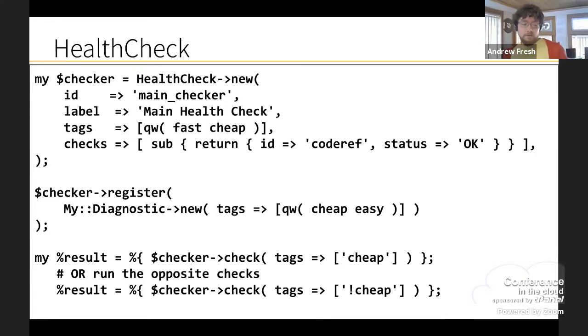Anyway, this is where tags really shine, because you can choose to only run a specific subset of diagnostics that you want to. So for example, if your service provides a really important feature and it relies on fewer of the things that your entire application relies on, but that particular thing would work.